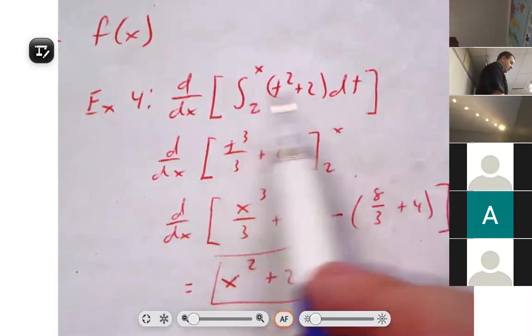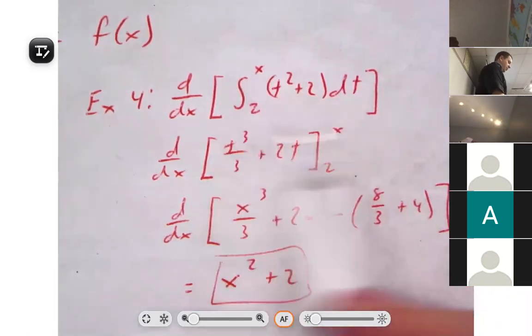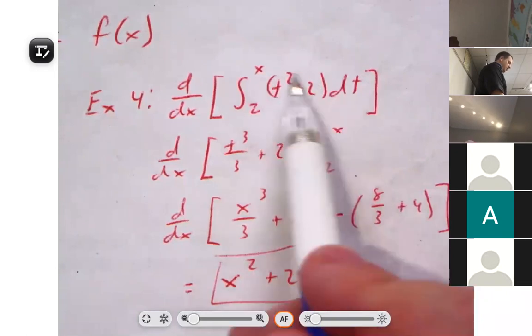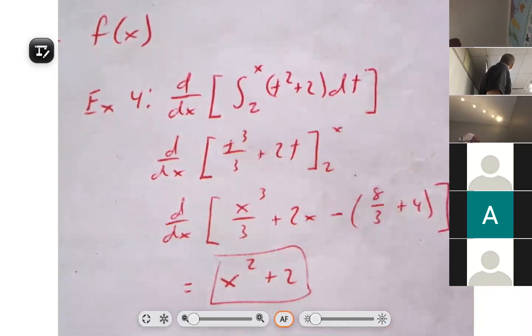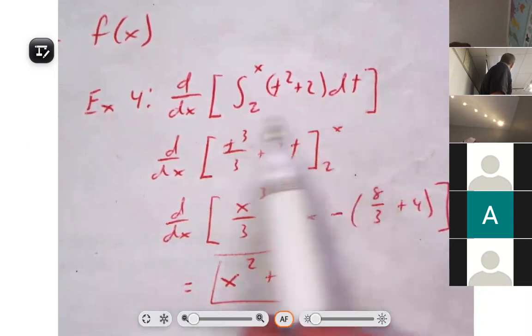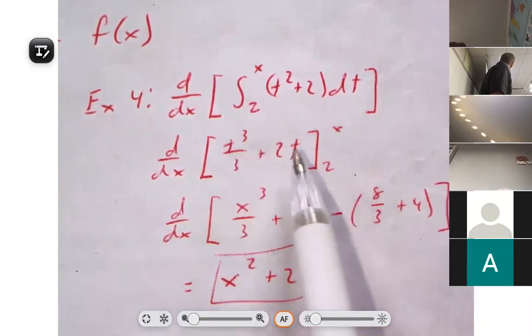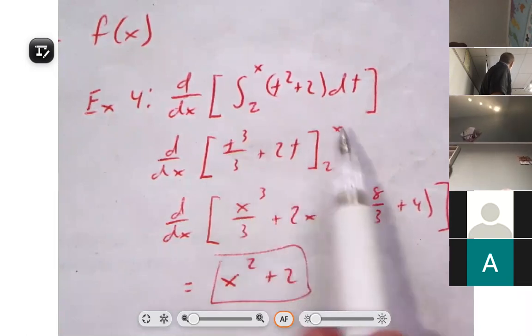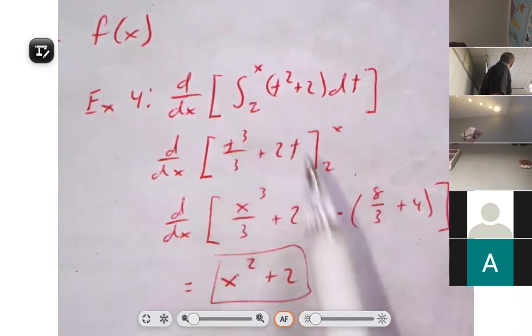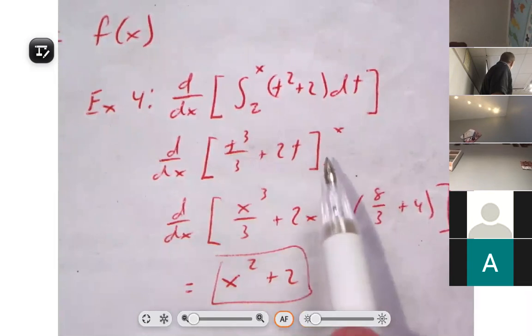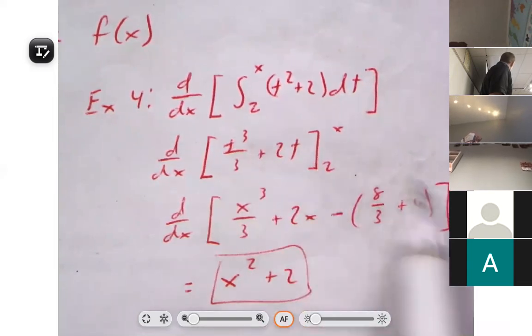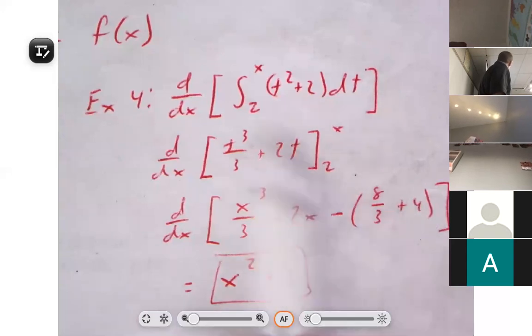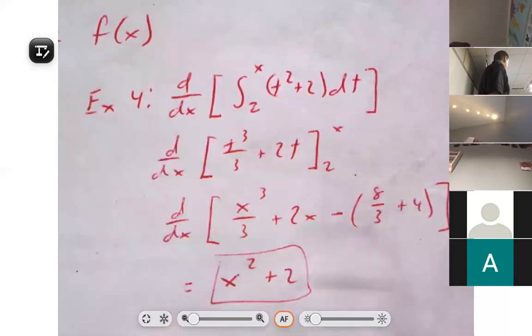So if I was going to do the integral here, well, I would integrate t squared plus 2. That's this, from 2 to x. Then I would plug x in for t here and t here. So that's what this is, just x cubed over 3 plus 2x. Then take away whatever I get when I plug 2 in for the t's.